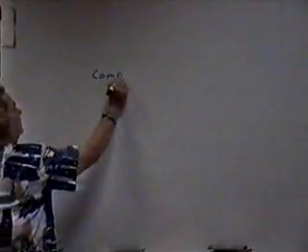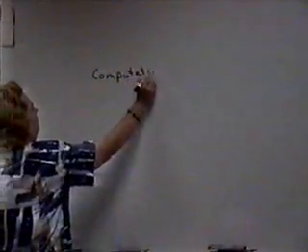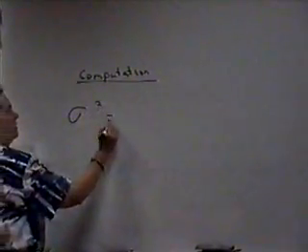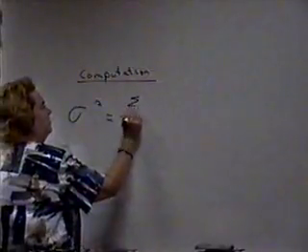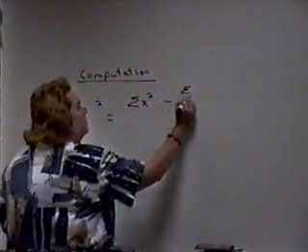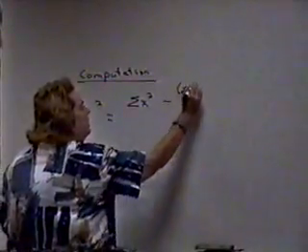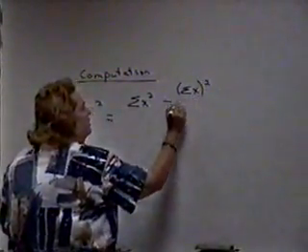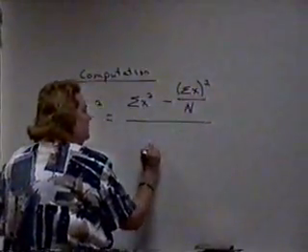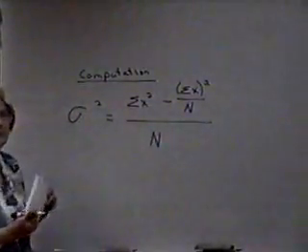And the formula we're actually going to use for computation says the variance is the sum of x squared minus the sum of all of the x's in parentheses squared, divided by n, all of this divided by n.